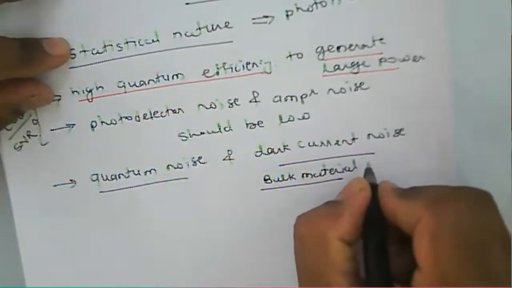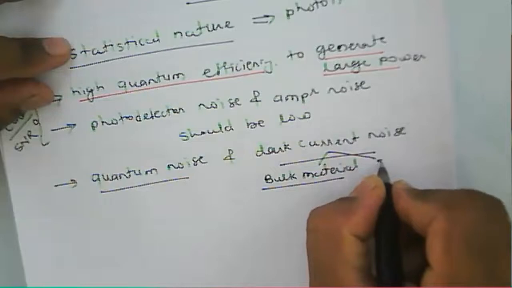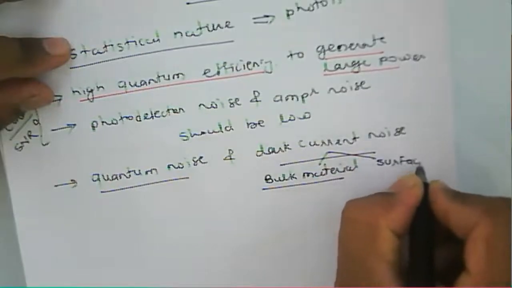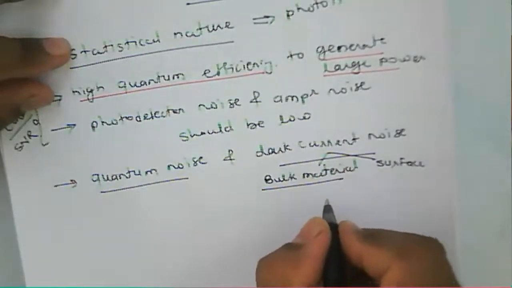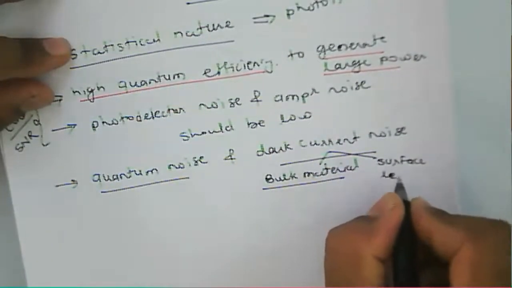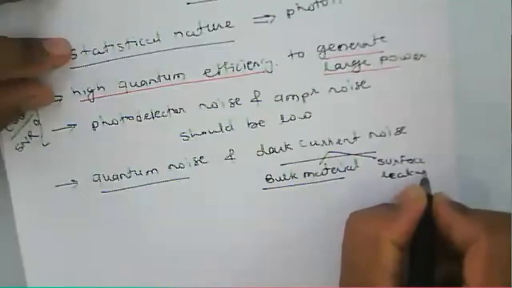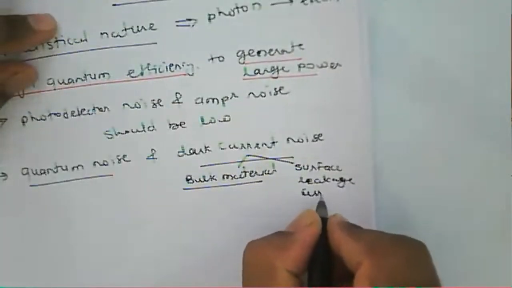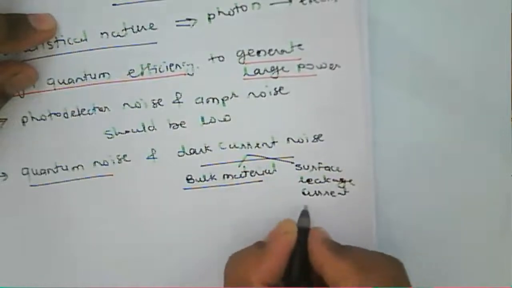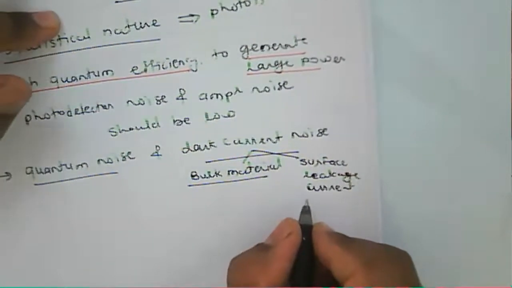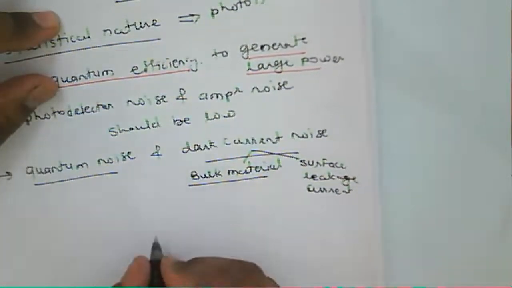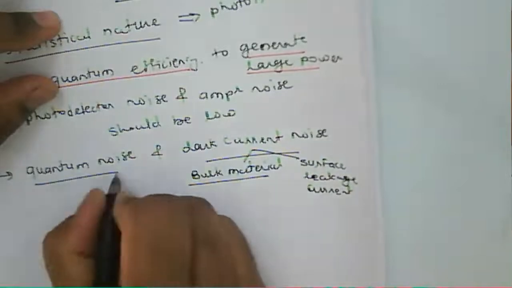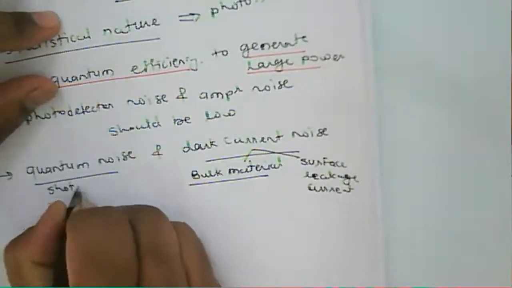Another noise is generated on the surface, due to surface leakage current. So that's why you can say dark surface current. This quantum noise, we can say, is the shot noise.